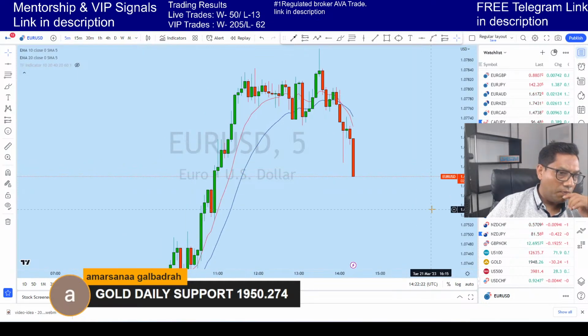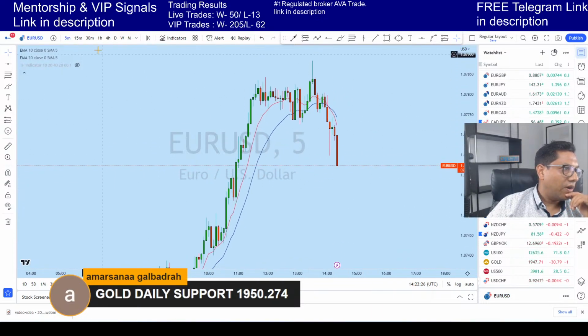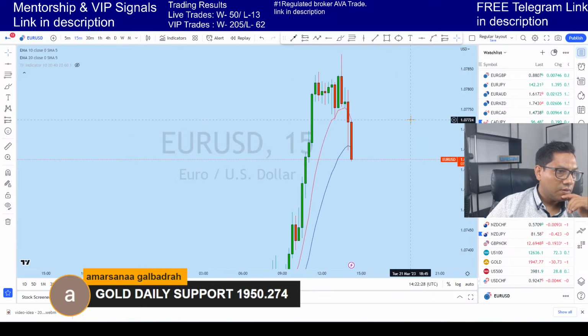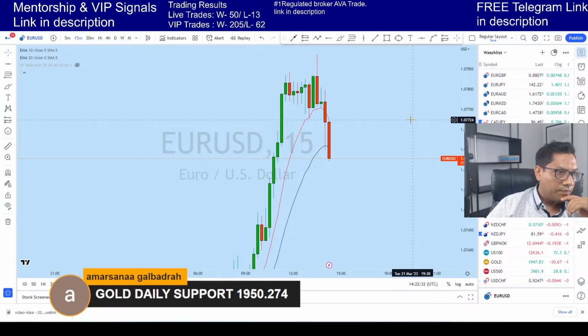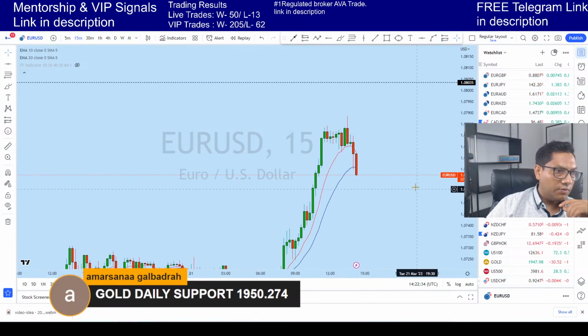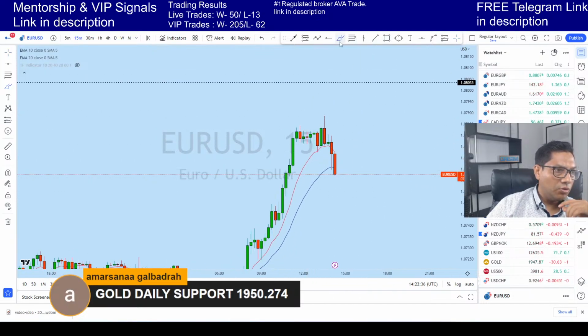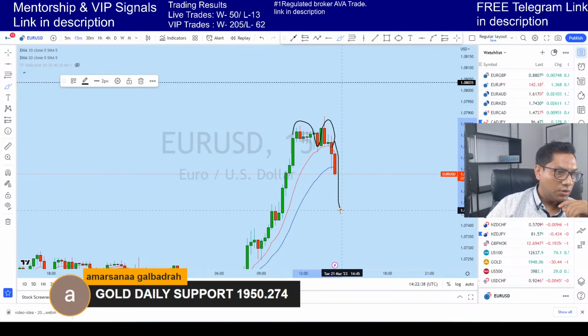Very aggressive drop. You can see that on this 5 minutes chart. So in the 15 minutes on Euro Dollar, there's a head and shoulder.